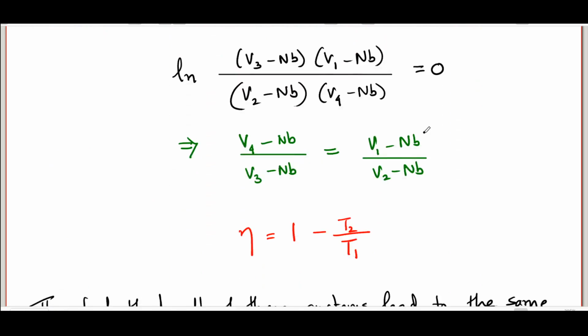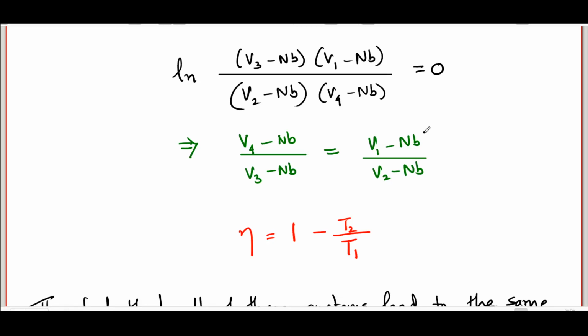Eta equals 1 minus T2 by T1. By the way, this temperature is again the ideal gas temperature. The van der Waals equation of state, as it is stated, has nRT on the right, but the T is the temperature according to the ideal gas scale.